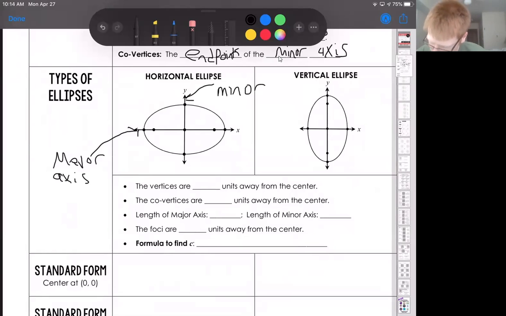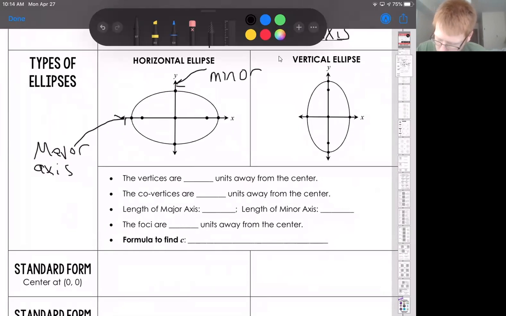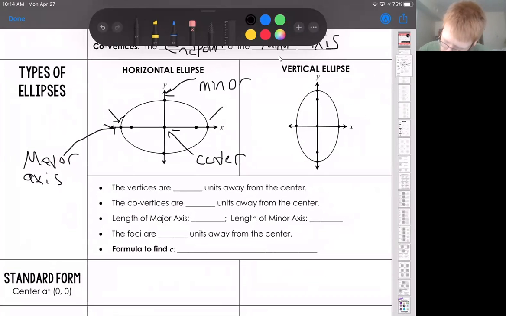Obviously, this middle point is your center. So since this is my major axis going across left and right, these two points here, maybe I'll color code this. I'll do it in red.